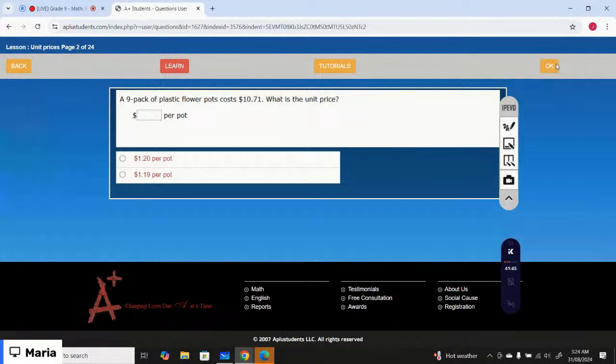Which is the correct option? 10.71 divided by 9, that is 1.19.